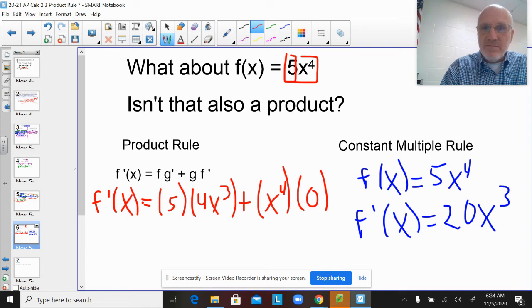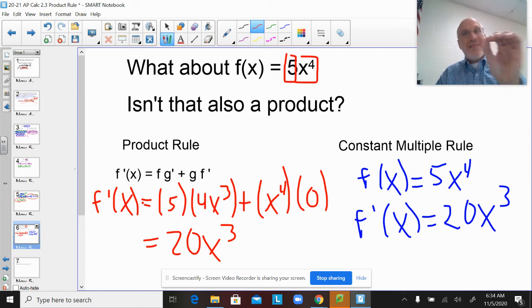If I clean this up, I end up with 20x cubed plus 0. So you'll get the same answer. So the moral of that story is if it's just a constant times a function, while that is officially a product, you can just use the constant multiple rule.